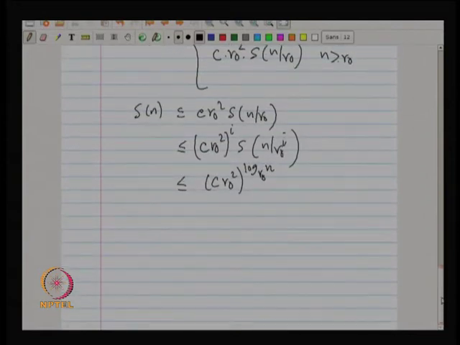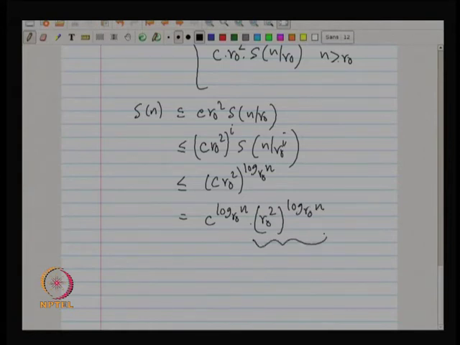Now, this looks a little nasty, so let us handle it carefully. This is C to the power log base R0 n times R0 square to the power log base R0 n. So let us talk about this one. What is this term? This is n square, am I right? But this other term you can also write in a different form.